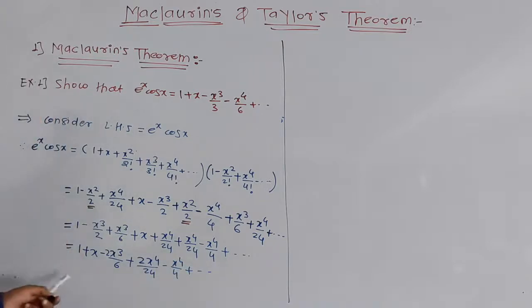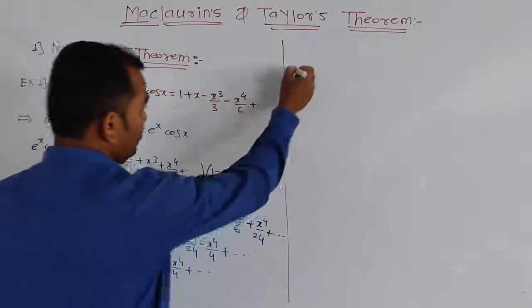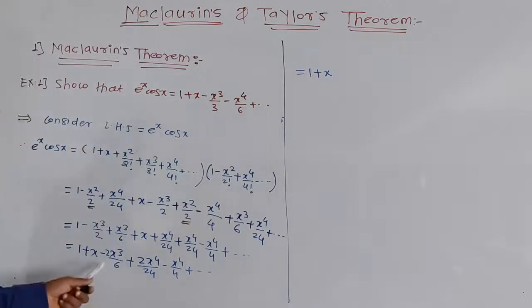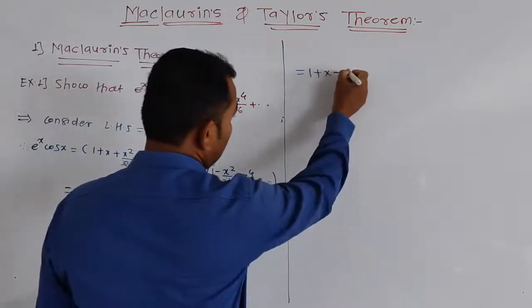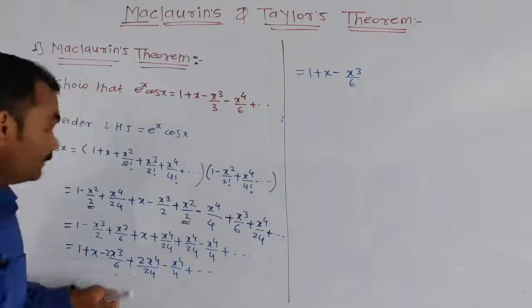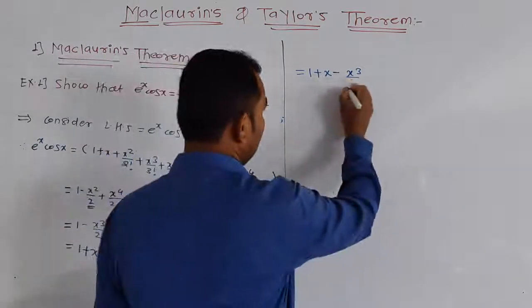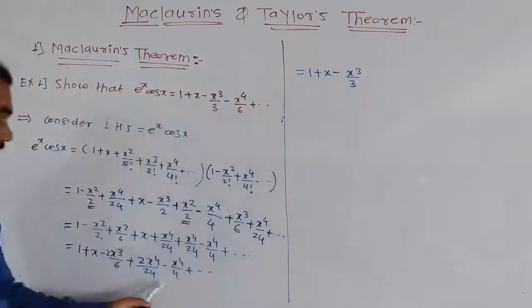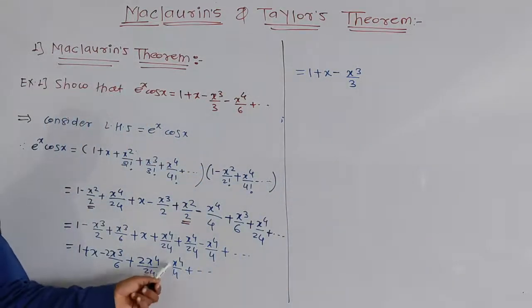Now we have to simplify this. We get this is 1 plus x. Then here 2 divided by 6 we get minus x cube divided by 3. Then find the LCM here, multiply by 6.